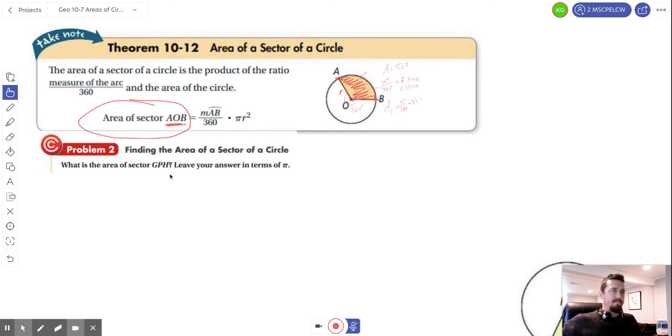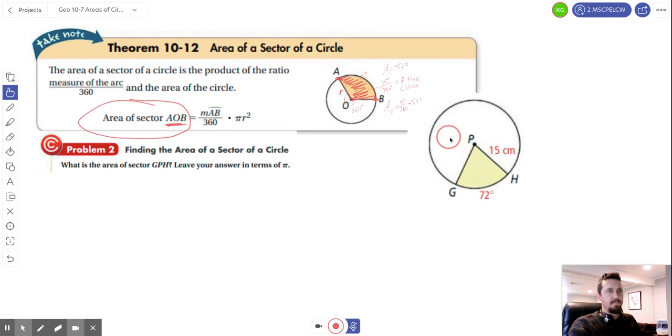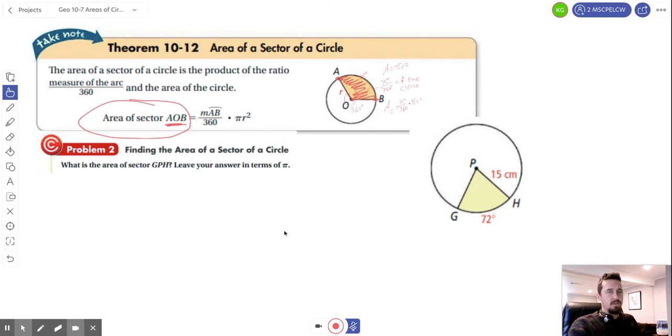Okay, so let's do one of these. Let's use our formula. Here we have a circle with a sector. We're going to try to find this shaded area here. And we know the radius and the degrees, so there's no tricks.